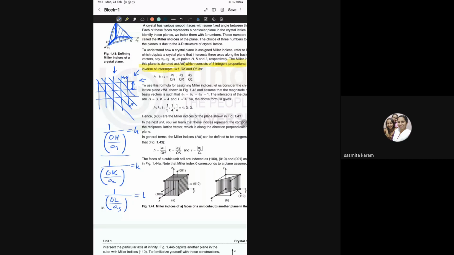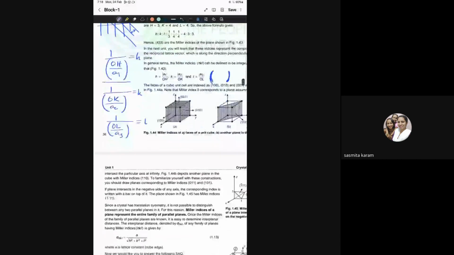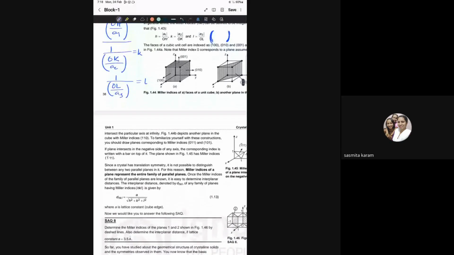This is how we find HKL. Or it is written as A1 by OH, A2 by OK, and A3 by OL. How do you denote it? You denote it with this kind of open brackets. So that's how we find the Miller index of a plane.